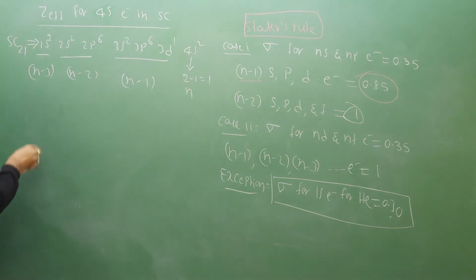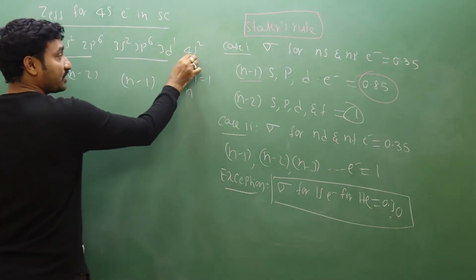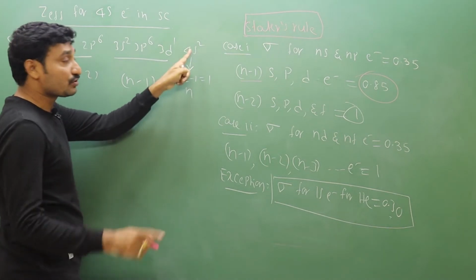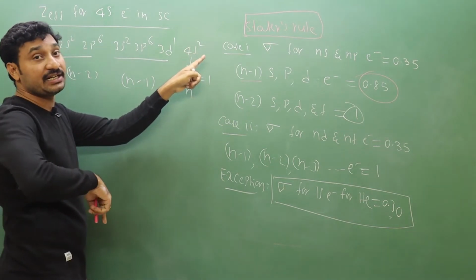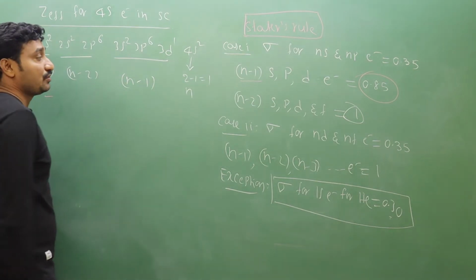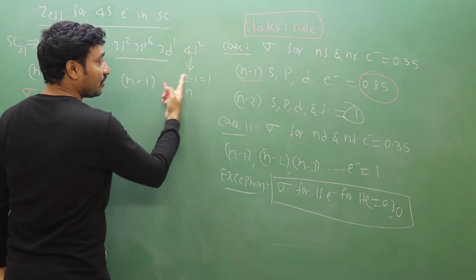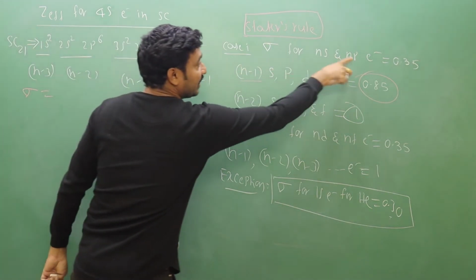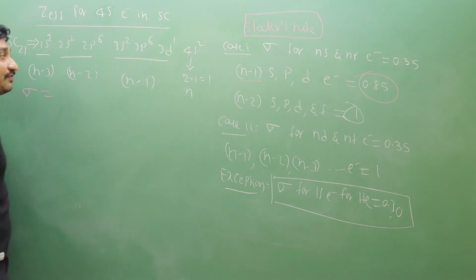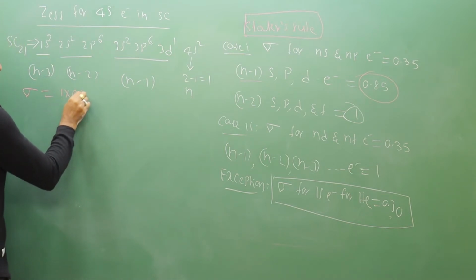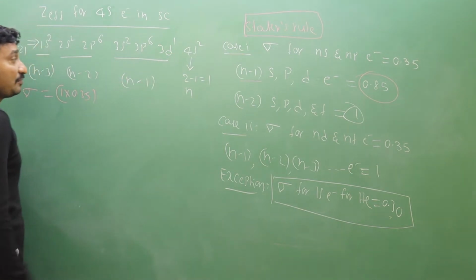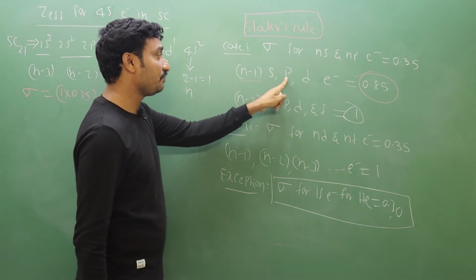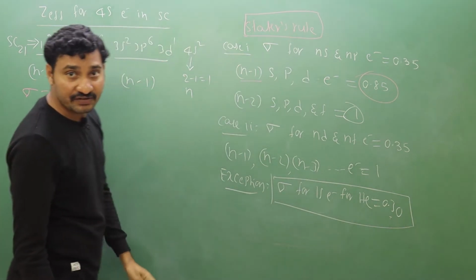Now sigma for the 4s electron. How many more electrons are there? One more electron, because you exclude the electron for which you are calculating sigma. So in 4s, one electron is present. For an ns electron, the value is 0.35, so 1 into 0.35. Remaining n minus 1 shell, s, p or d electron, 0.85.